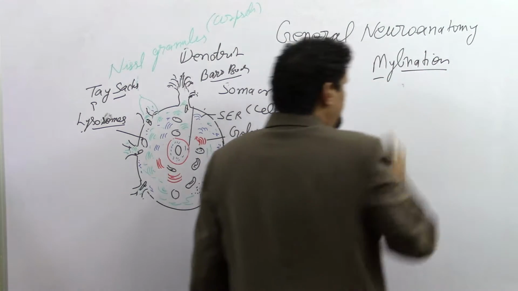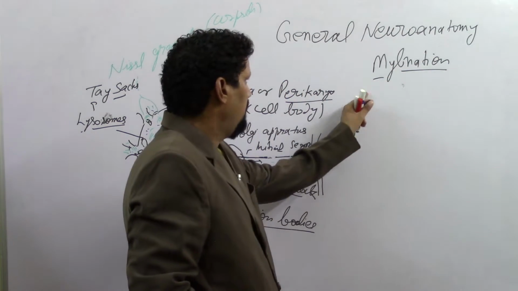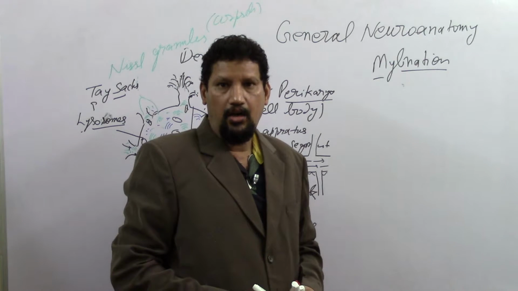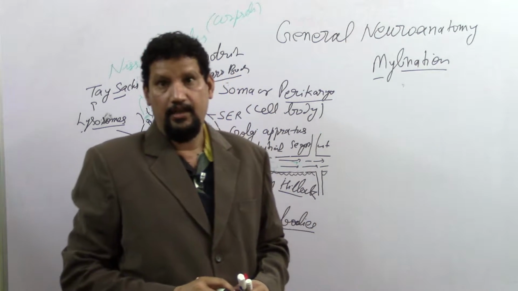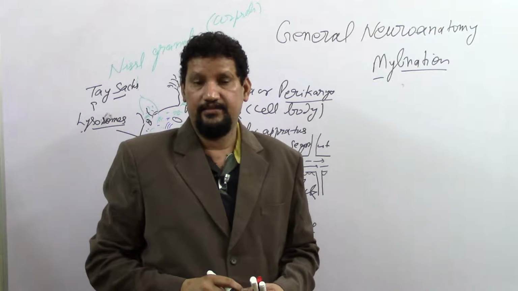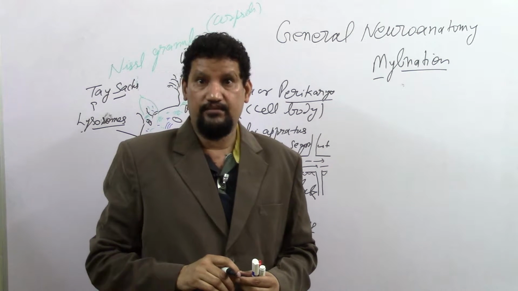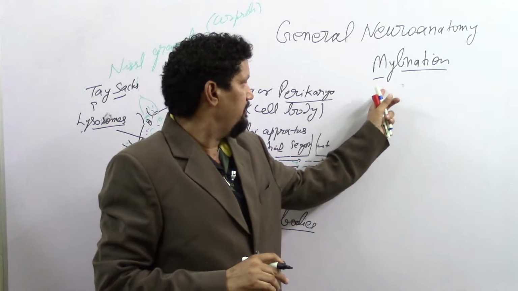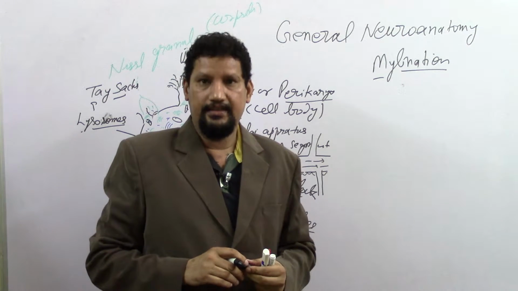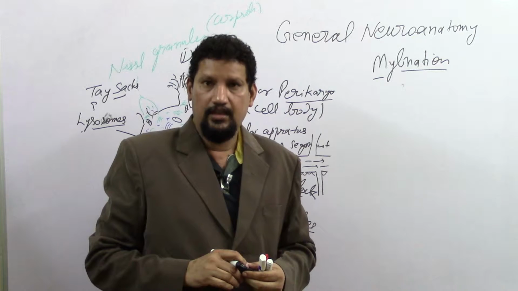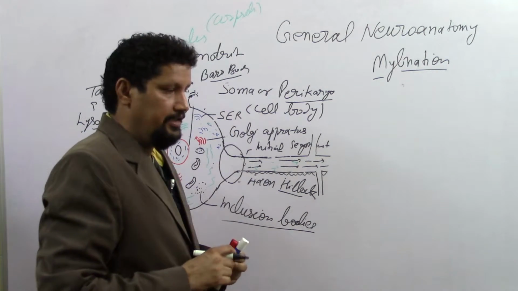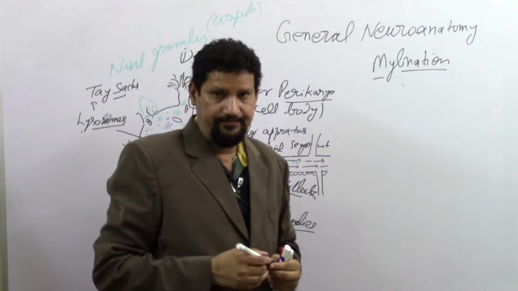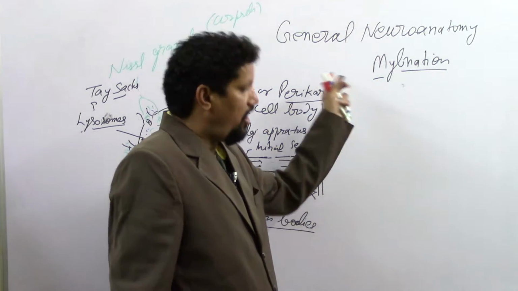Only axons are having a sheath of lipoproteinous substance known as myelin. Only axons are covered by this sheath. Neither soma nor dendrites are covered by myelin sheath. What is myelin sheath and how is it formed?